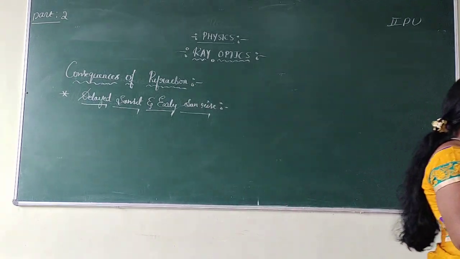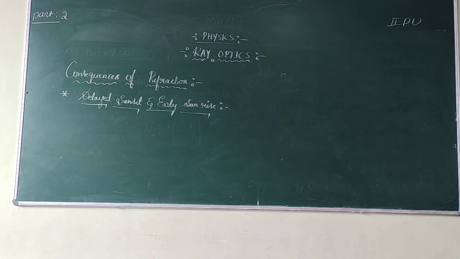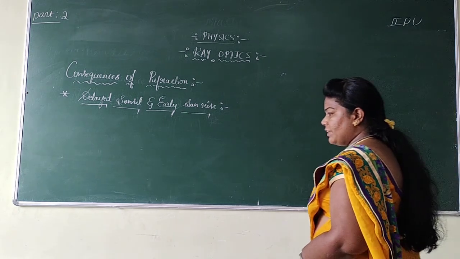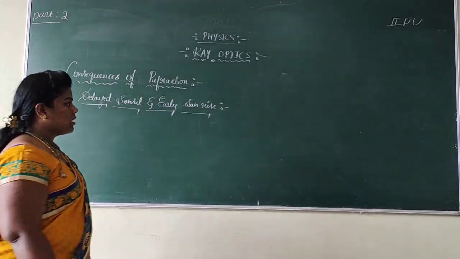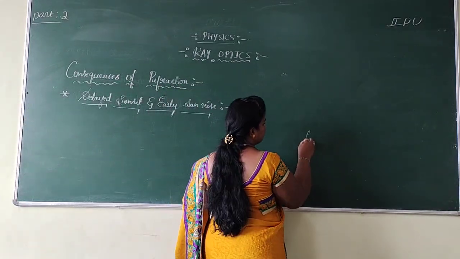My dear students, you know that the Earth is surrounded by the atmosphere. If the Earth is surrounded by the atmosphere, then we can say that it is made up of n number of layers. I am just going to write the Earth here.